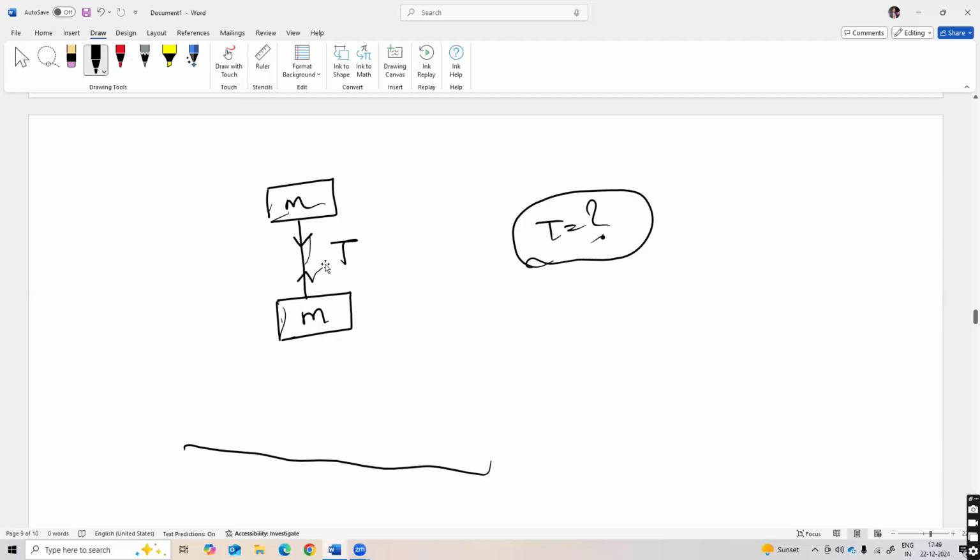Since these two masses are attached with a string, they both have mass m. So what is the tension in this string?